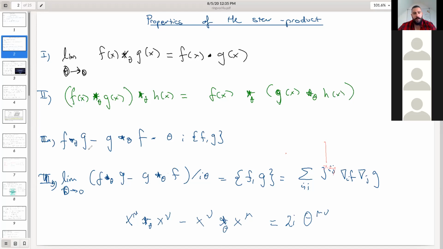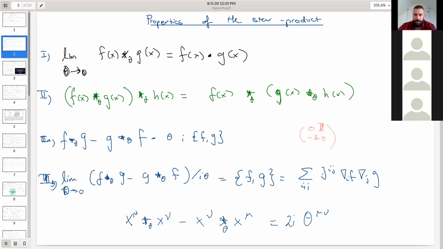And furthermore, if you take the commutator of two functions with respect to this star product, this is equal to i theta times the Poisson bracket of f and g, where the Poisson bracket is given by this skew-symmetric matrix, which is basically just a bunch of 0, 1, -1, and 0 in 2 dimensions, for example, and in 2n dimensions you can do it a little bit more generally, and this is the Poisson bracket.